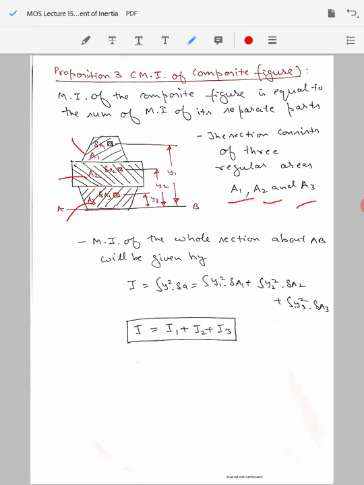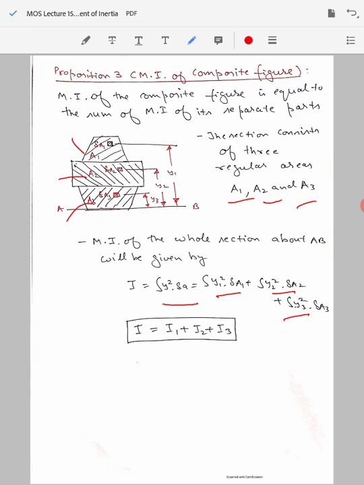So the moment of inertia of the whole section about the axis AB will be equal to the integral of y square delta A, and you can obtain it by summing the moments of inertia of these three sections individually.